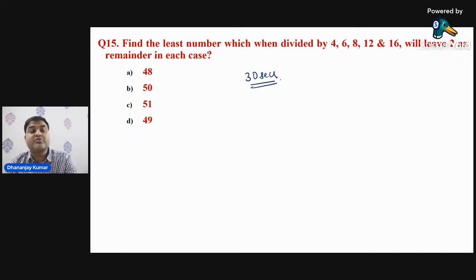I'll read out the question. The question is, find the least number which when divided by 4, 6, 8, 12, and 16 will leave 2 as remainder in each case.